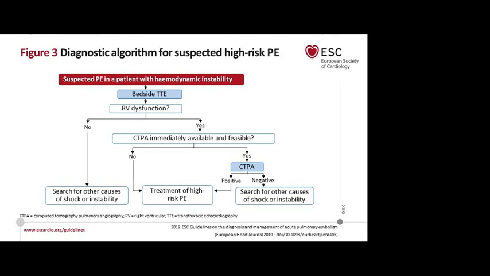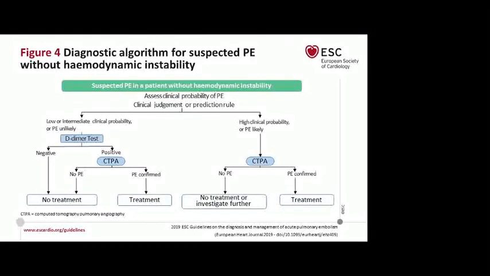This is the algorithm for a suspected high-risk pulmonary embolism patient. If the patient is hemodynamically unstable, as I mentioned, do a bedside echo and look at the right ventricle function. If the right ventricle is okay, we have to think about other causes for hemodynamic instability. If it is not, we can do CTPA to confirm the diagnosis.